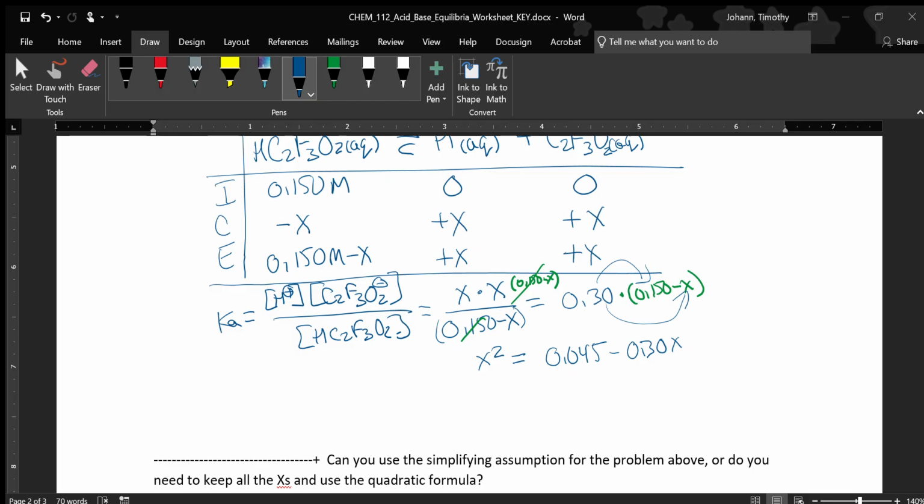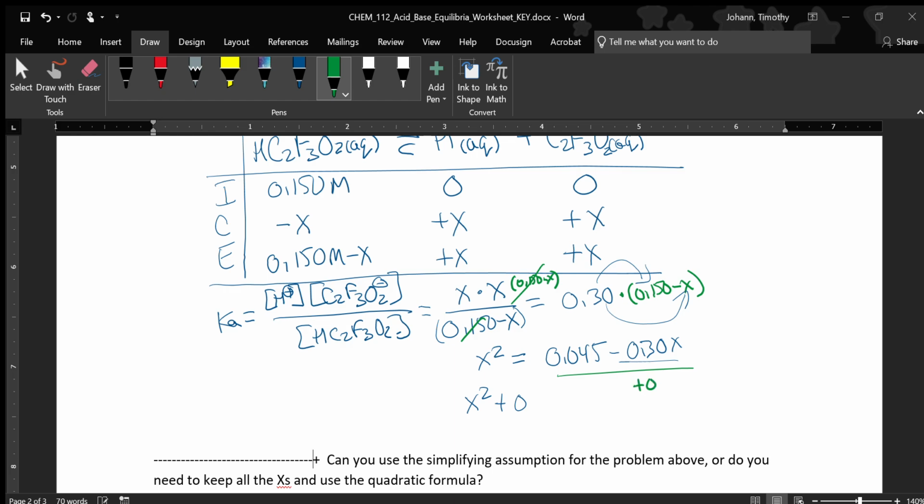What I need to do then is get everything on one side so it's equal to 0. So I'm going to subtract this from both sides, and that will give me x squared minus, actually plus, I'm going to have to add this to both sides, right? Let's go ahead and write it out.